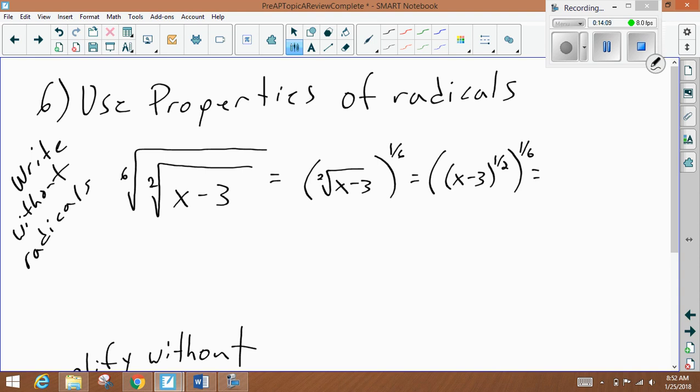And then I can multiply those exponents, so this becomes x minus 3 to the 1/12 power. Hey, what if I wanted to put it back in a radical form? So as a radical, I would write that as the 12th root of x minus 3.